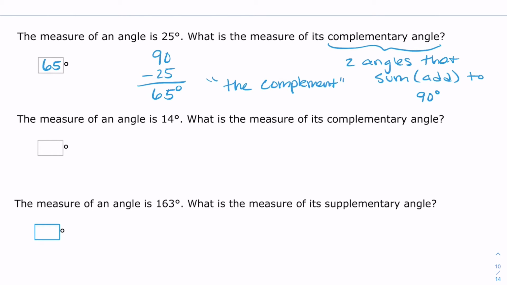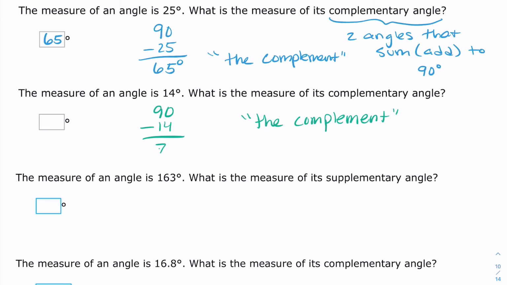All right. Same thing for the next one. So I'm going to do 90 minus 14. So the complement is 90, 80, 76 degrees. And that's it. Now the next one is supplementary.